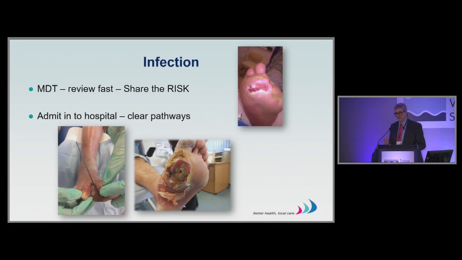However, functionally, it wasn't a great foot. So after a period of time, he went on to an elective, planned amputation, which basically turned his life around. He's a relatively young gentleman, in his 30s. He's still a patient for us looking after his other foot. So it's a good outcome for him.